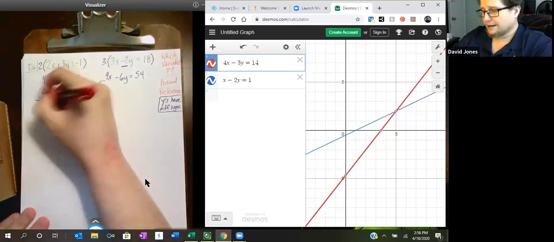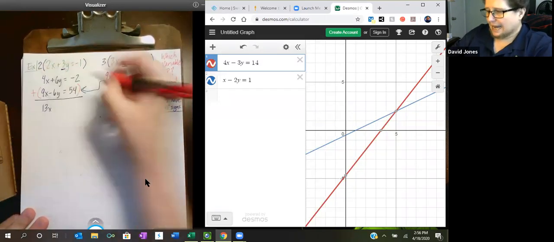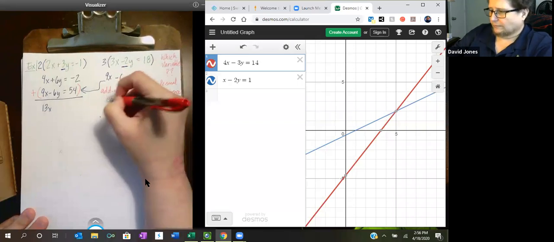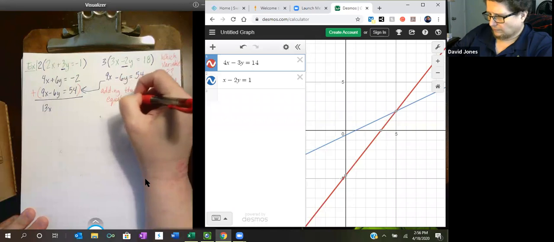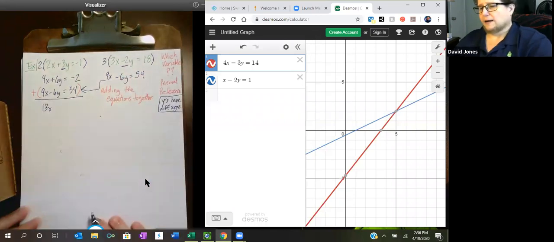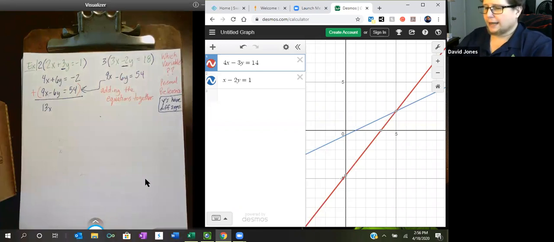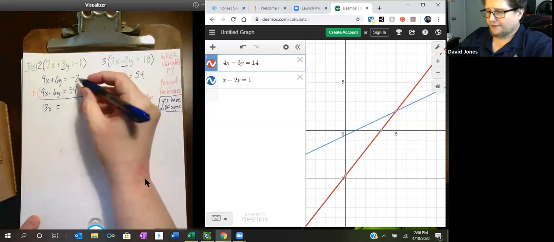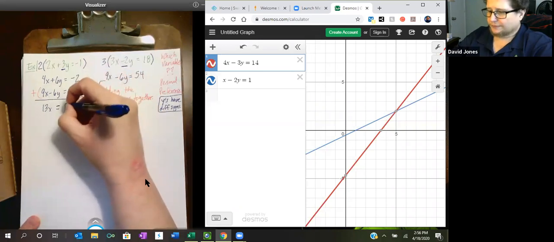So what I'm doing is adding the equations together. The 6y and -6y cancel each other out. And 54 minus 2 is 52.